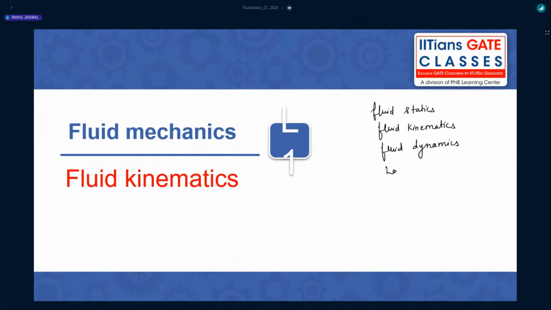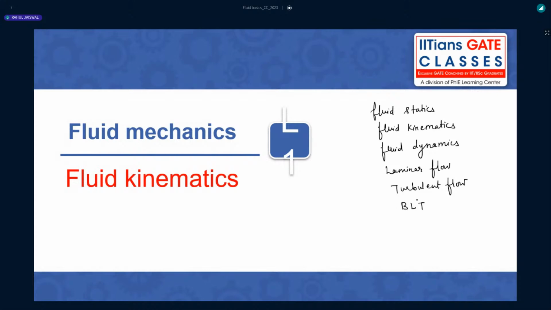Then we have the laminar flow, again through pipes and between the parallel plates, or maybe fixed and one plate is moving. And then we'll be having the turbulent flow. Then we will be having the boundary layer theory, and then dimensional analysis and similarities.